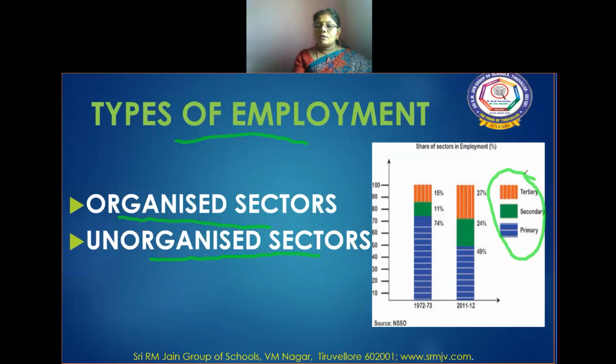So this orange color shows the percentage of people engaged in the tertiary sector, this blue color shows the number of people engaged in the primary sector, and green color shows the number of people engaged in the secondary sector.